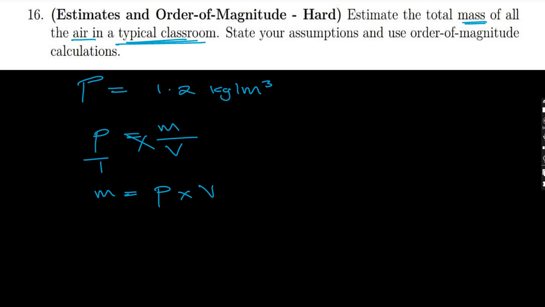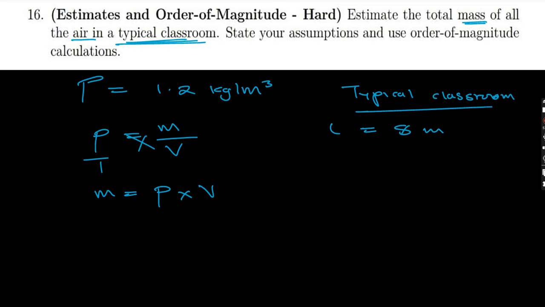The assumption we're going to make for a typical classroom, guys, is a length of 8 meters. You can make it 10, you can make it 9, but it shouldn't go very far.